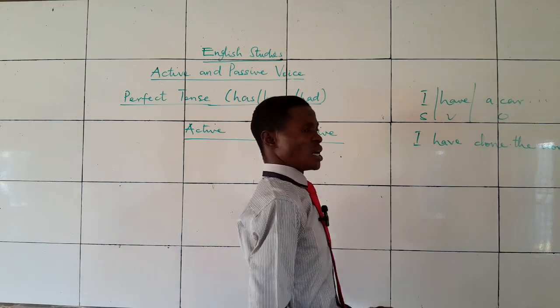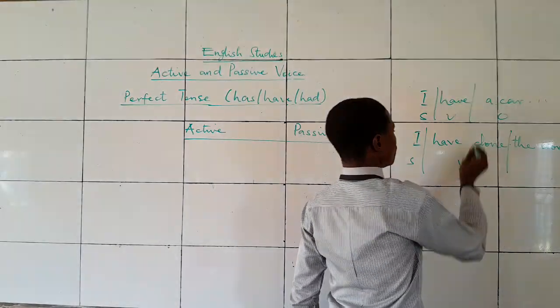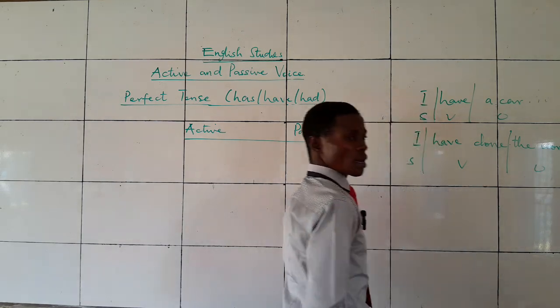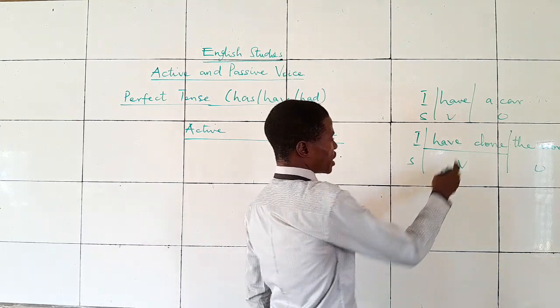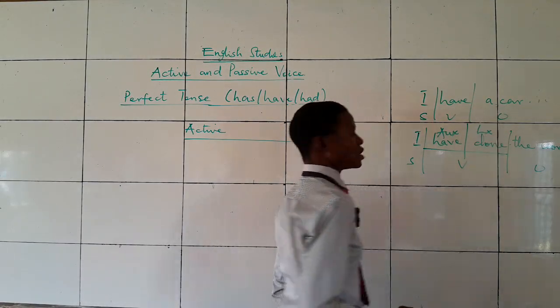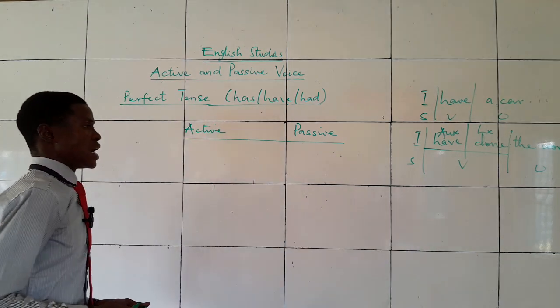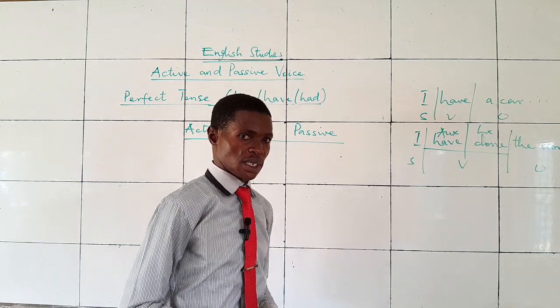I, subject, have done, finite verb, the work, object. I have done happens to be our finite verb. Break it into two. We have the auxiliary and we have the lexical. So that is exactly what we mean by the difference between perfect and non-perfect tense.